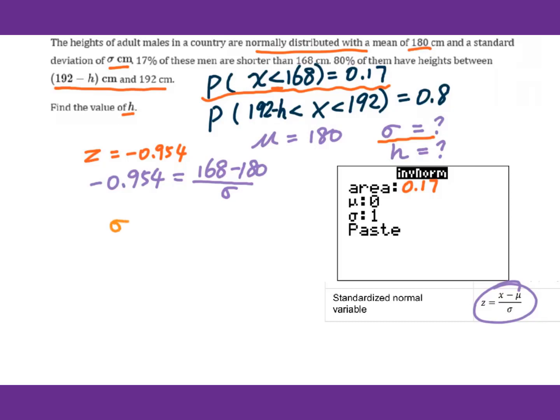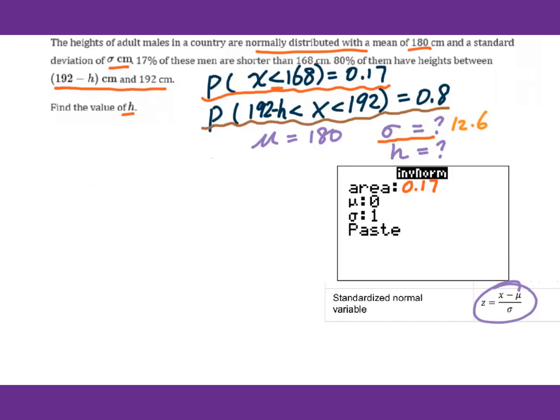So we get sigma equals 168 minus 180 over negative 0.954. You will get 12.6. If you are given information like this, you have to sketch the graph.